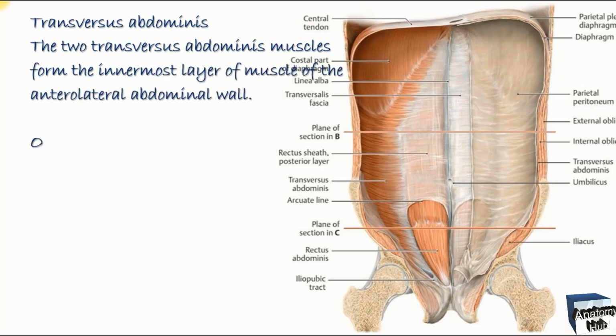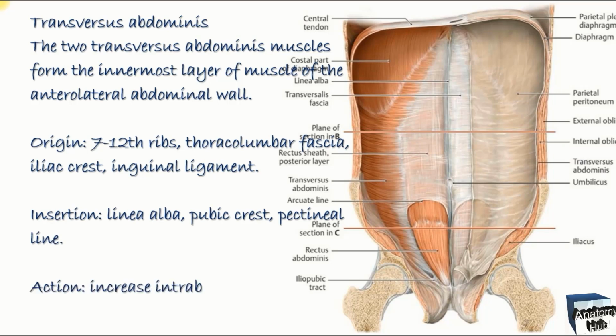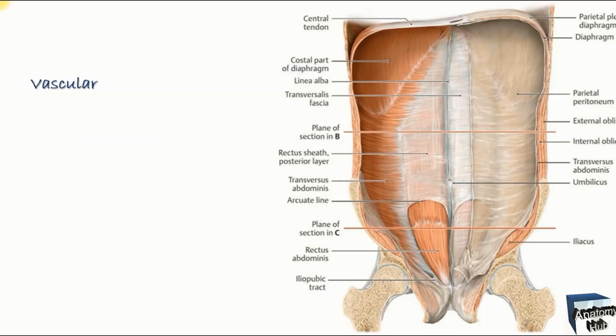Its origin is from the 7th to 12th ribs, the thoracolumbar fascia, iliac crest, and inguinal ligament. Its insertion is to the linea alba, the pubic crest, and the pectineal line, and its action is to increase the intra-abdominal pressure and maintain the abdominal tone.